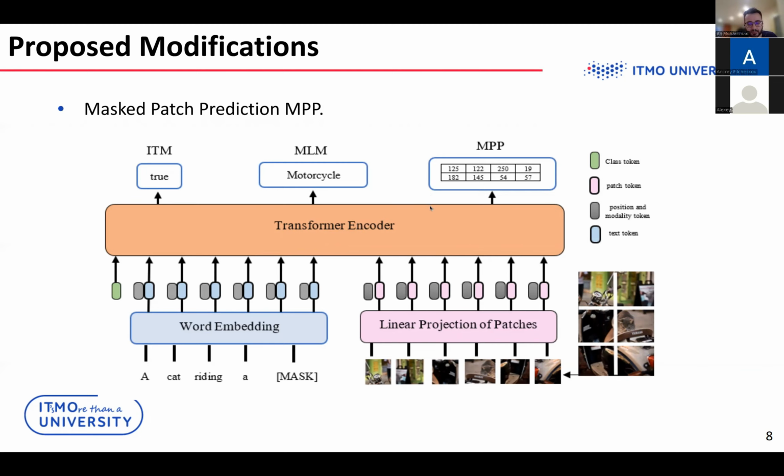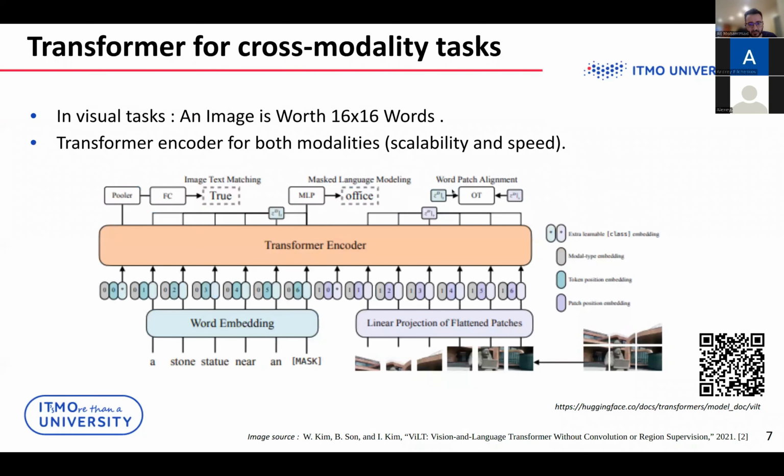For instance, predicting what is depicted on a patch, so which word is related to what is written on this patch. This is just a very basic idea, but I believe that better designed ideas of how to combine both modalities for downstream tasks would improve not only image processing, but also image processing with the idea of mapping it to the modality of text. Yes, well, there are two points here.